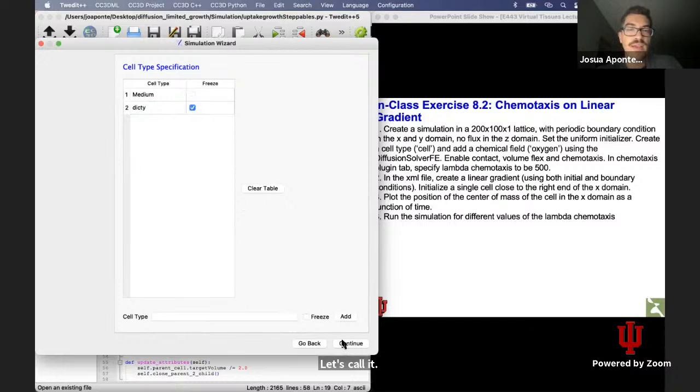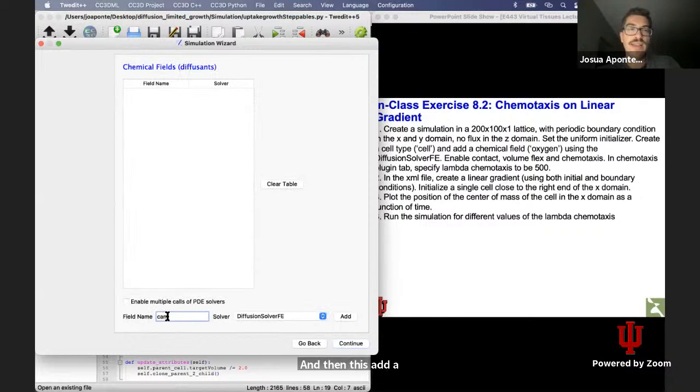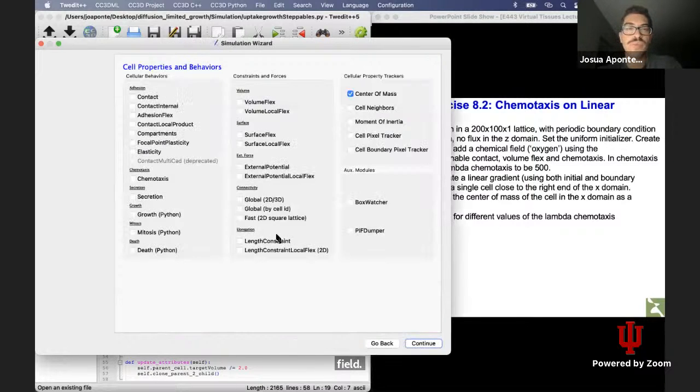And then let's add a cyclic AMP field using the diffusion solver FE. Okay, and then all we need is chemotaxis, contact, and then volume flex, not the local flex.